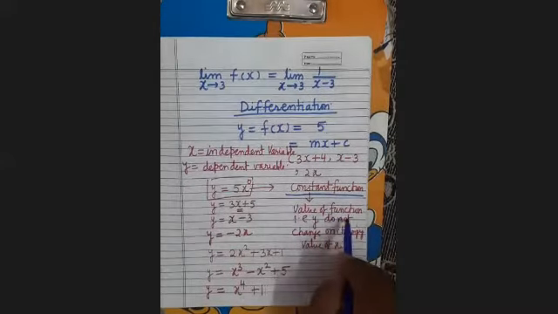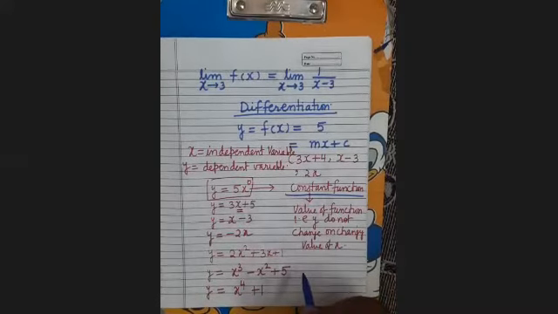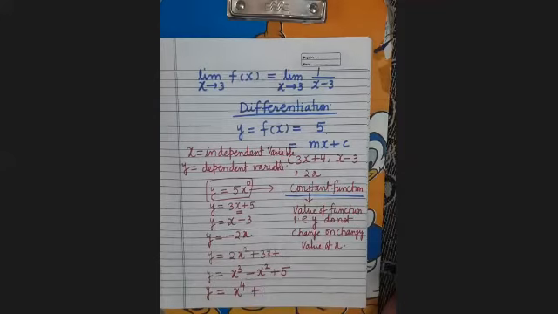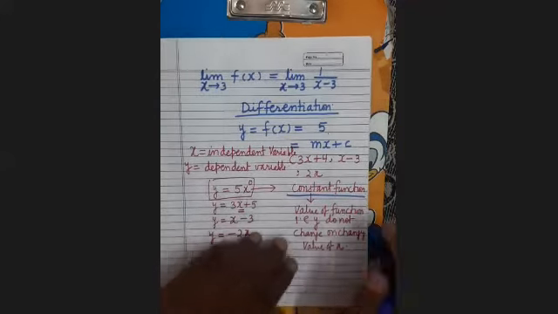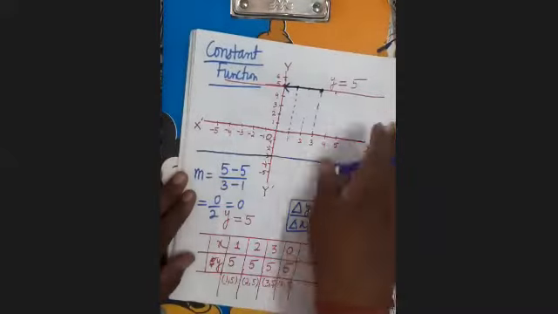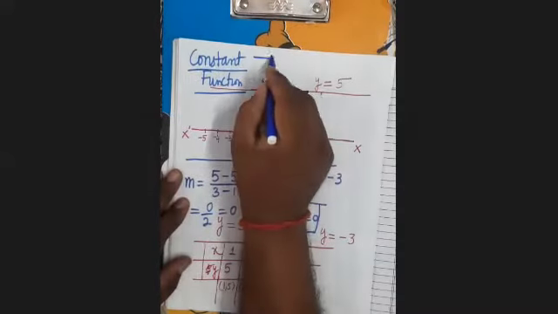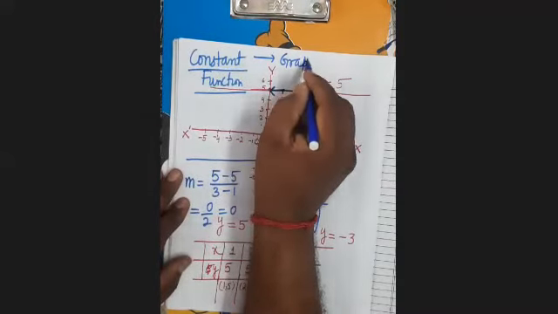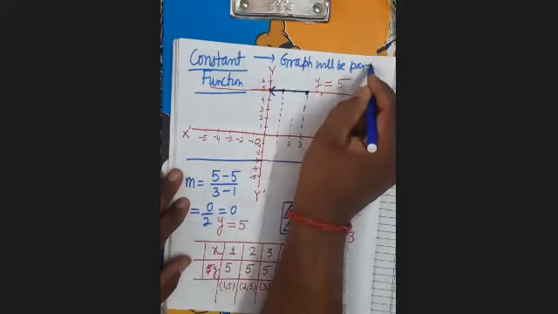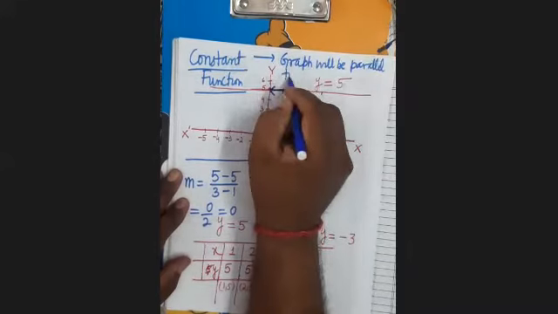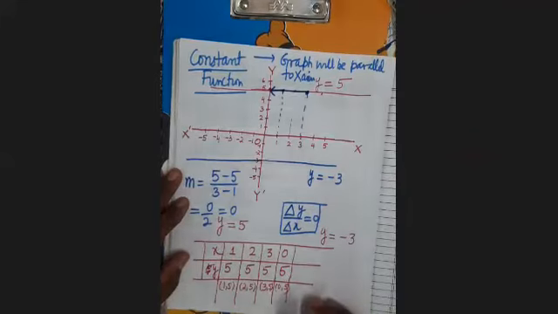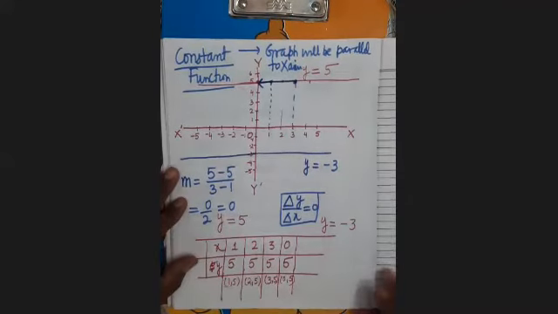A constant function is one in which the value of y, the value of the function, does not change on changing the value of x. Its slope will be 0. Its graph will be parallel to the x-axis. What will be the slope? Slope will be 0. It is clear.